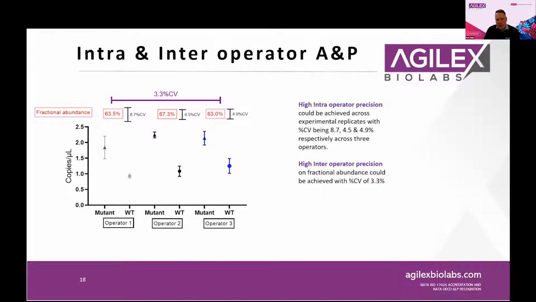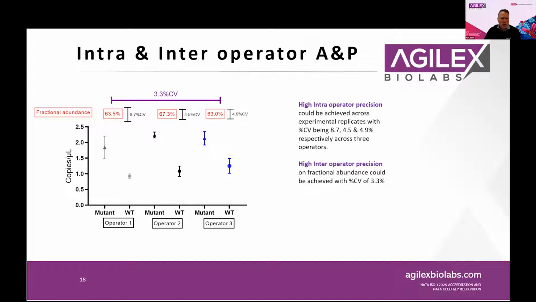We then investigated our inter and intra-operator accuracy and precision. We used the digital droplet generator mode for this so that we could standardize droplet generation between our 3 operators, so that we were only looking at the inter and intra-operator accuracy and precision.